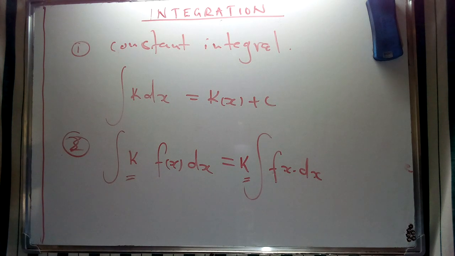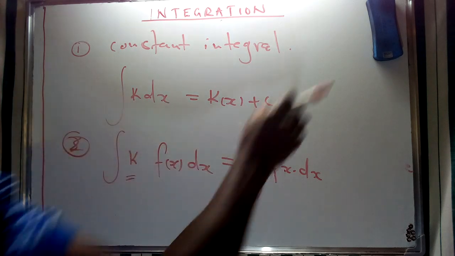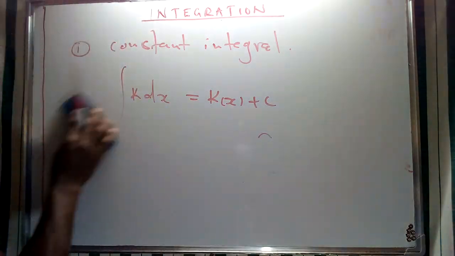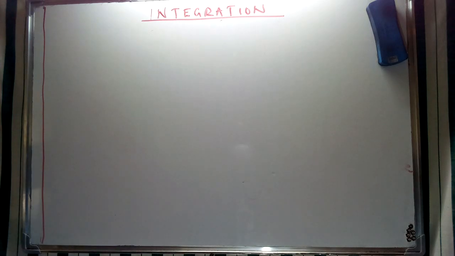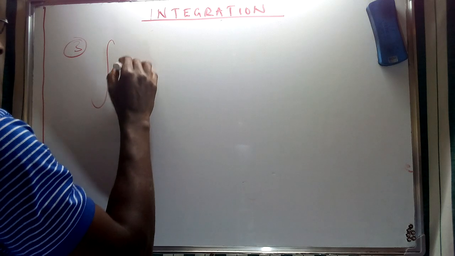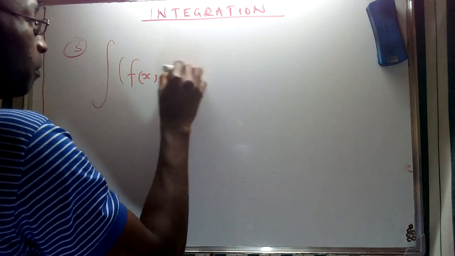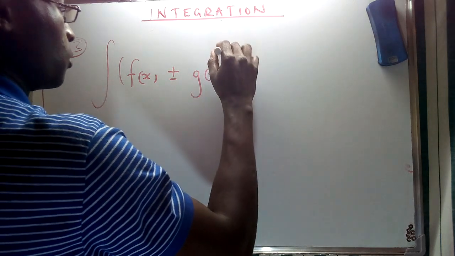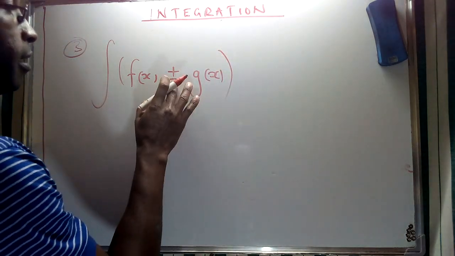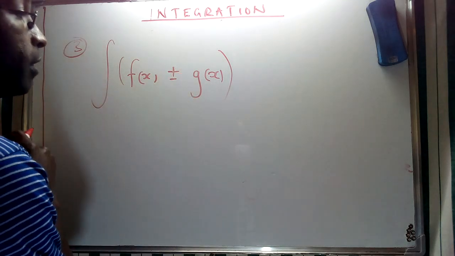Now we can look at the sum and difference rule, which is basically a compounded one, in contrast with the first rules that we have given for a constant and the constant multiple rule that I've mentioned for the second case. This appears in the form of a general equation, whereby we have the integral of a function f of x plus or minus g of x, where g of x is another function, so it appears as either a sum of two functions or a difference of two functions.